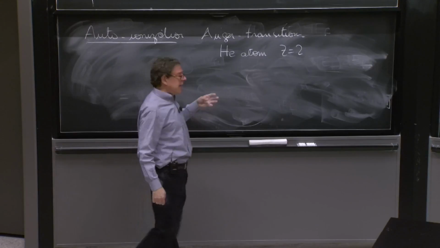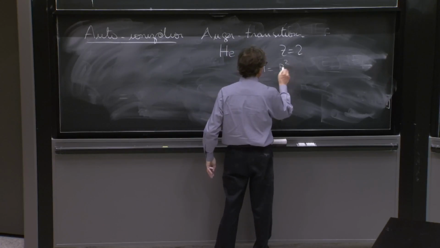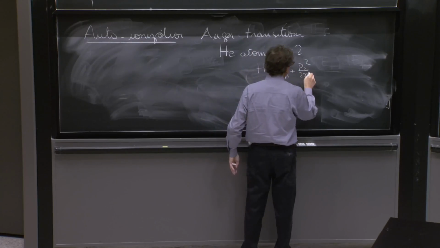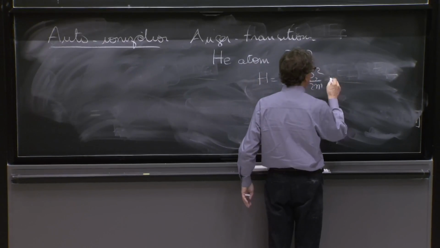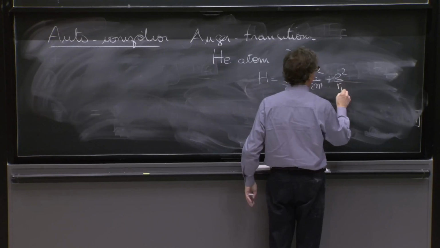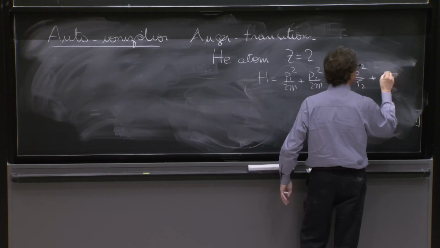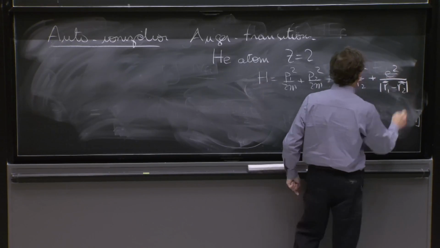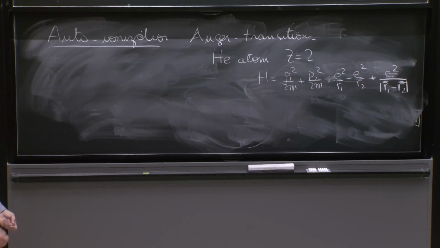So in the Hamiltonian of this whole atom, there's p1 squared over 2m plus p2 squared over 2m, roughly for each electron, minus 2e squared over r1 minus 2e squared over r2, and then plus e squared over |r1 minus r2|, which is the Coulomb repulsion. So that's roughly the Hamiltonian you need to consider, at least to zeroth order.